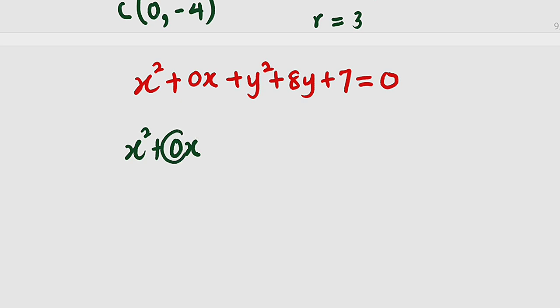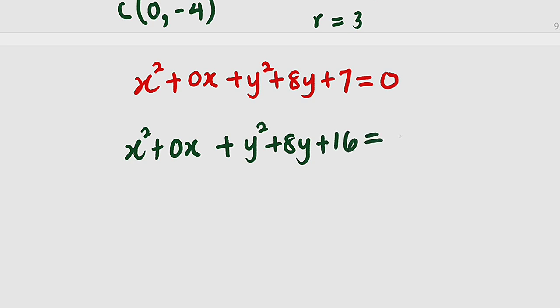The coefficient of x is 0. Half of that is still 0. Squared is also 0. So it's like we are adding 0 here, which we don't have to. Then plus y squared plus 8y. To make this a complete square, you take half of this, which is 4, you square that, you get 16, right?